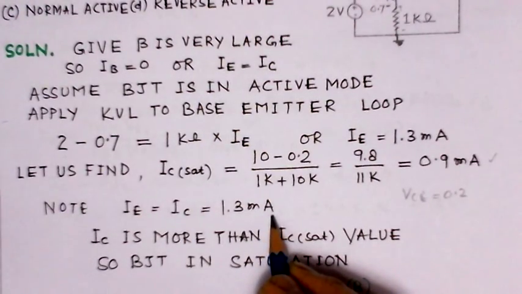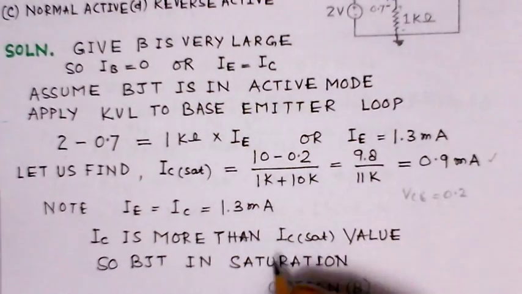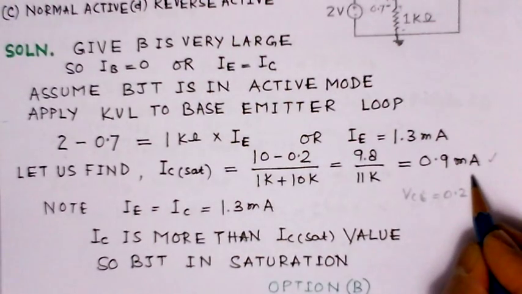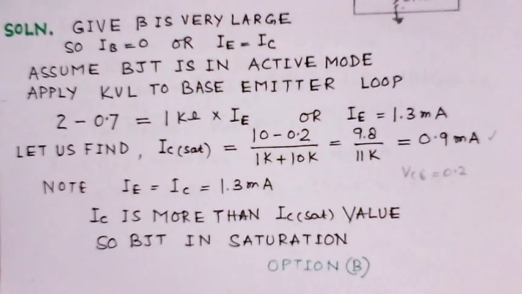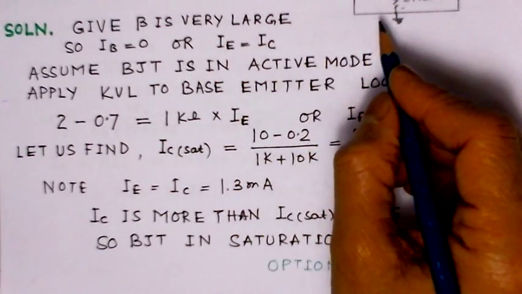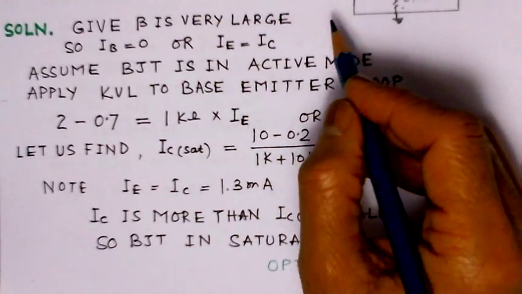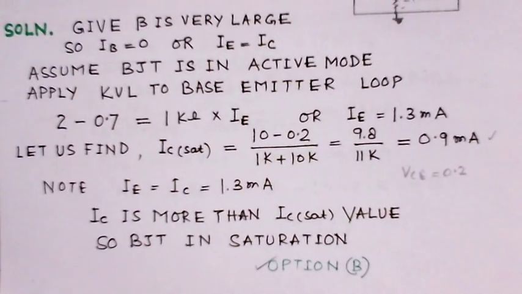So the collector current value in this circuit is 1.3 milliamperes, which is larger than the saturation value. So this indicates that the transistor is in saturation. So the mode of operation for the transistor in this circuit is the saturation mode, and this is option B, the correct choice here.